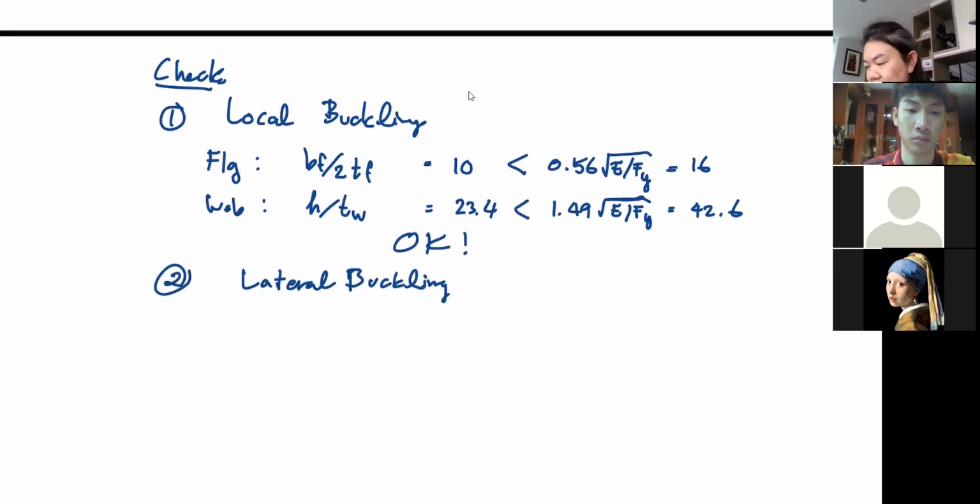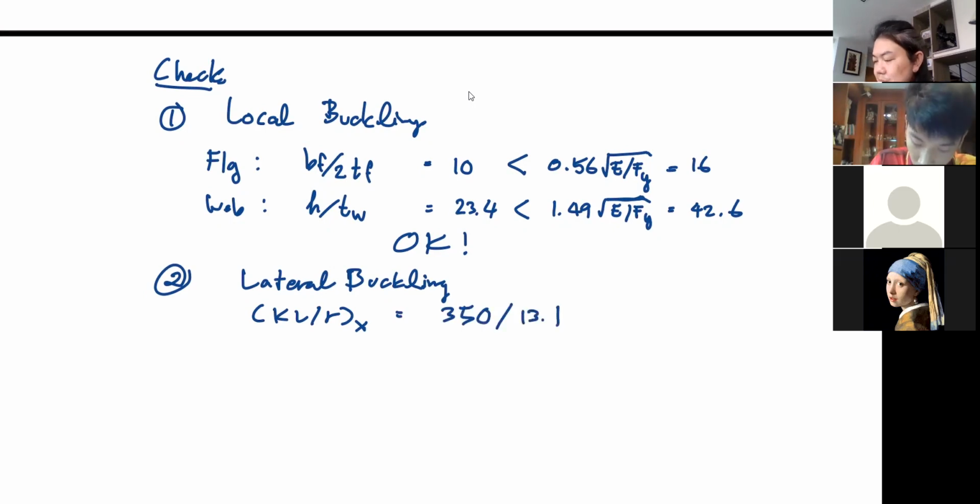So we have KL over Rx. That is 350 divided by Rx, which is 13.1. But I can say by inspection, this will not govern.